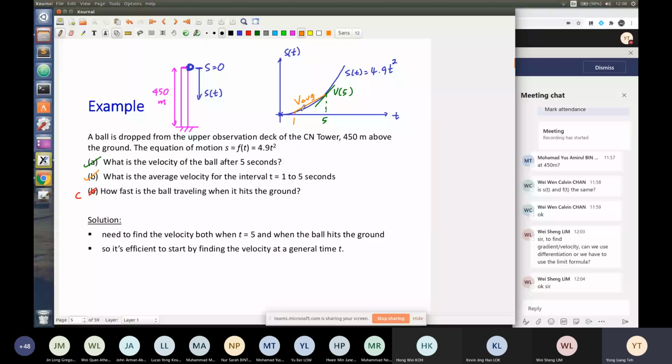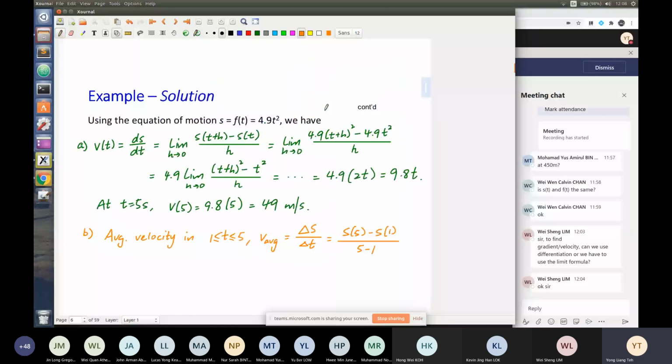Okay, so come back here. You know that this is 4.9, so let me factorize that out. You get 5 squared minus 1 squared. So this is 4.9 times 24, and then this is over 4.